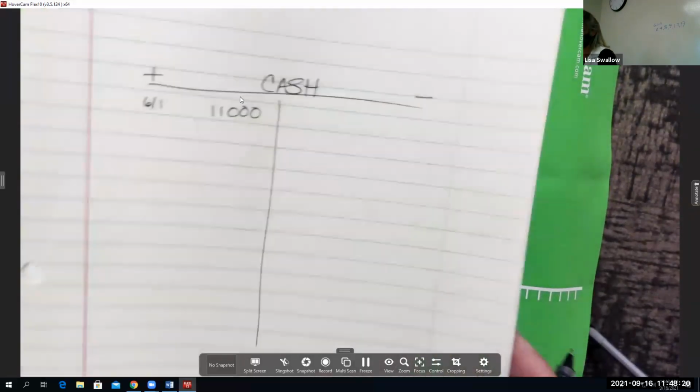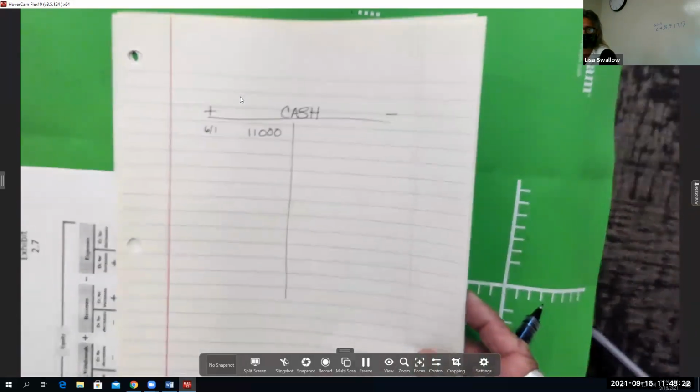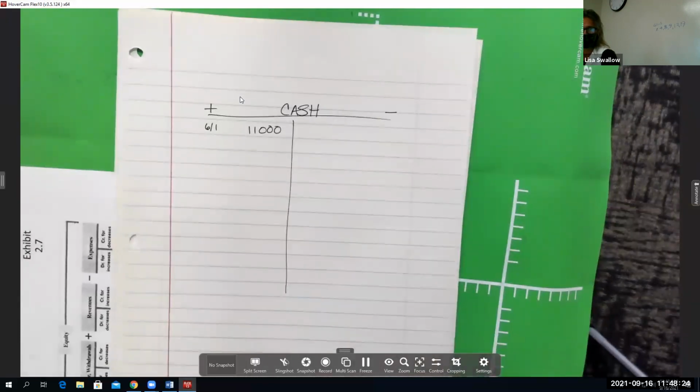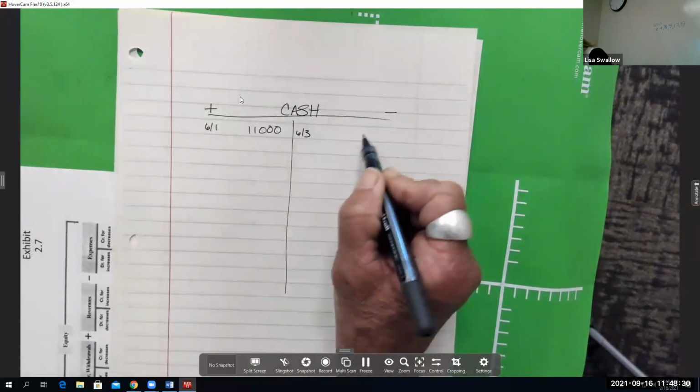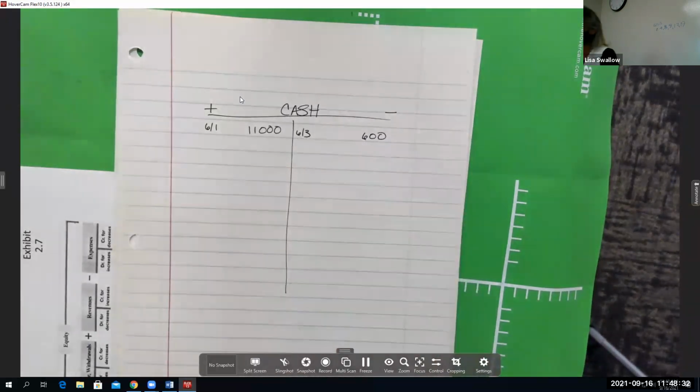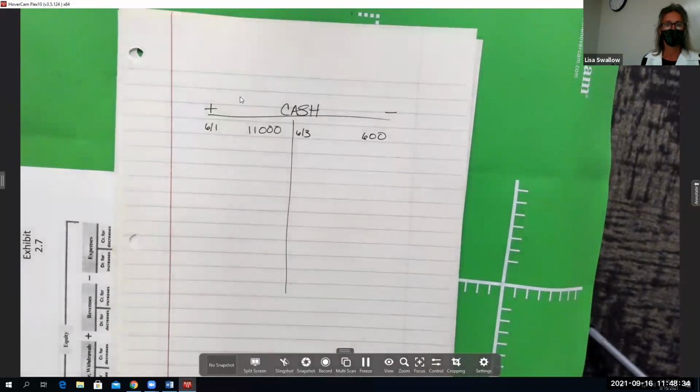If there are dates, sometimes they'll just give you transaction numbers, in which case you'd use that. And then when was that $600 paid out? 6/3? So just like that. Post your cash account, balance it out.